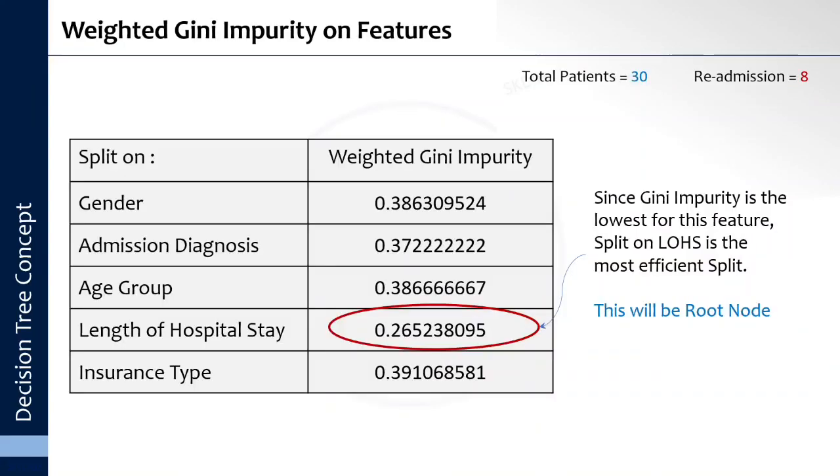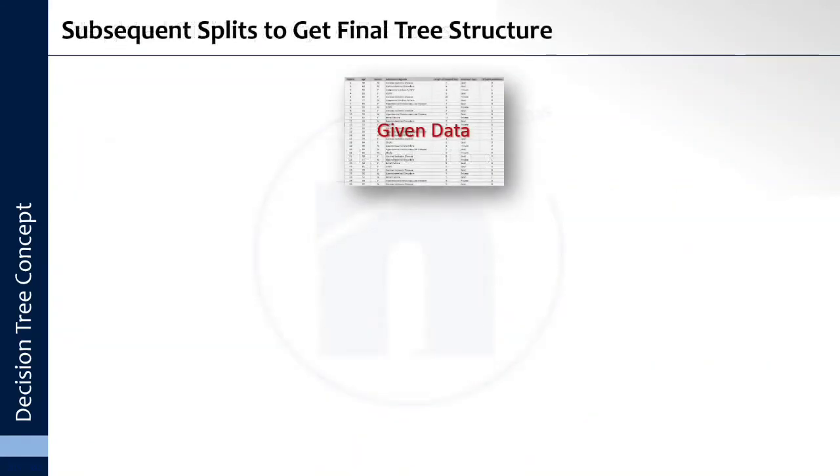After we calculate the weighted Gini impurities for each of the parameters, we need to select the lowest one, which indicates the best split at this level. So in this example, we find the split on the basis of length of hospital stay is the best split at the root level.